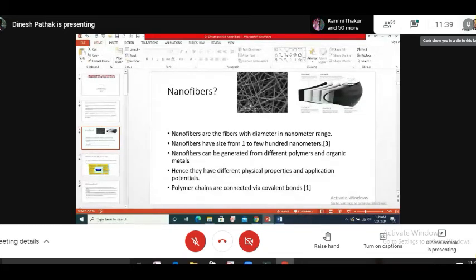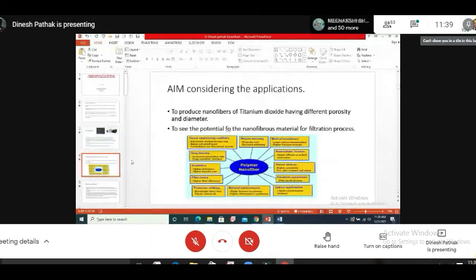We define them as nanofibers when the diameter of the fiber is from 1 to 100 nanometer, and porosity is in between. Porosity is according to our desire.